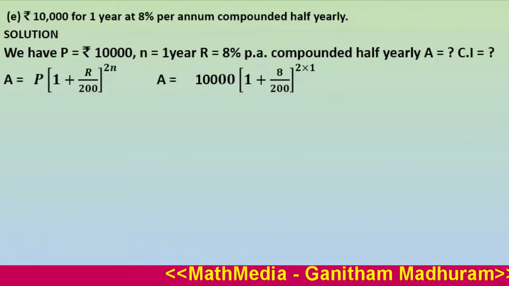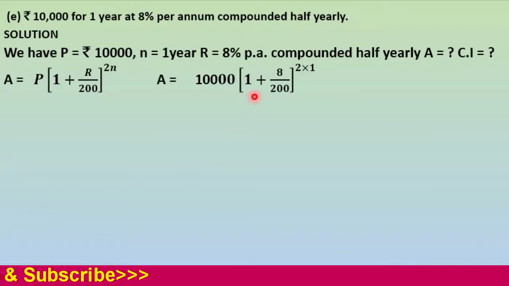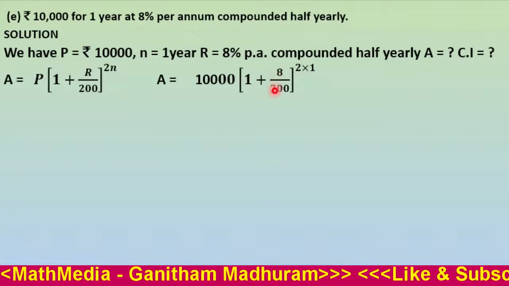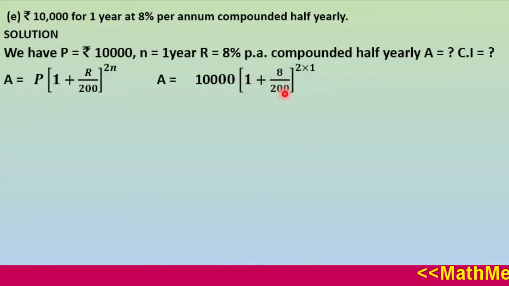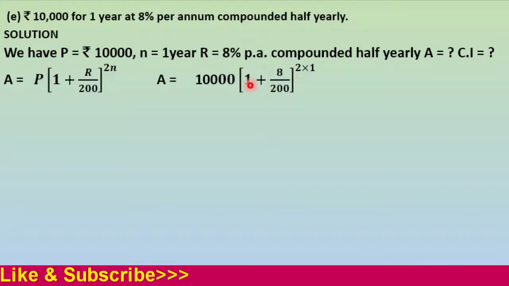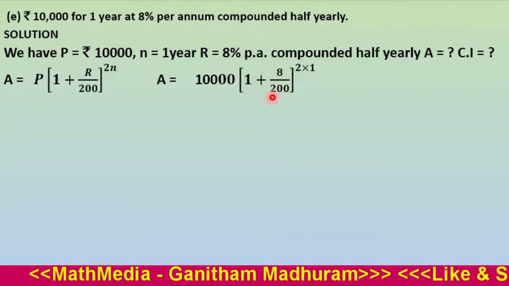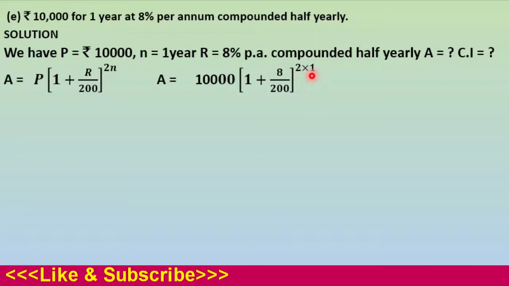While calculating the bracket, we get 8 and 200 can be cancelled. It will become 1 upon 25. 1 plus 1 upon 25 becomes 25 plus 1 whole divided by 25. That is 26 by 25 whole raised to 2 into 1 is 2.